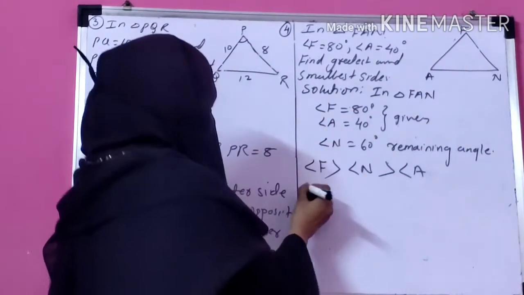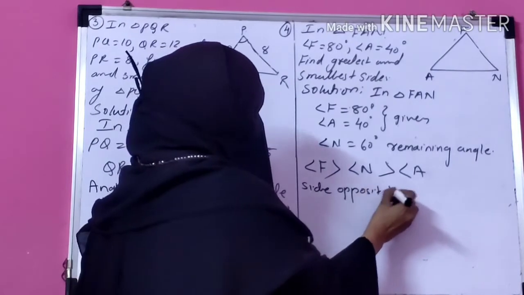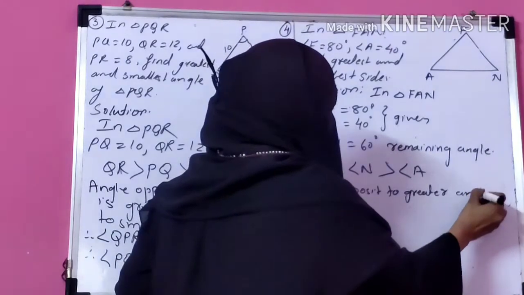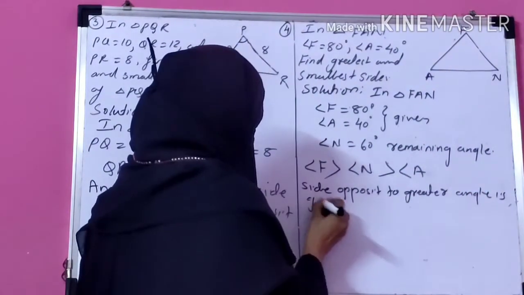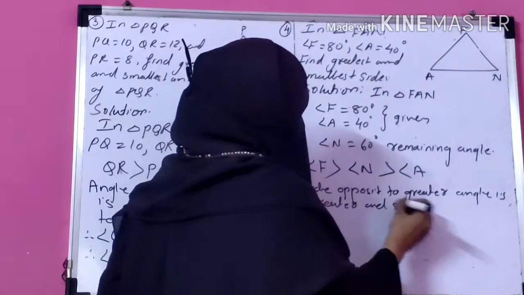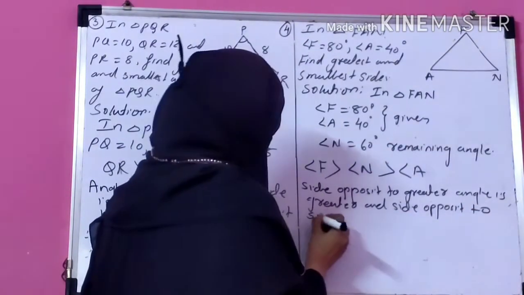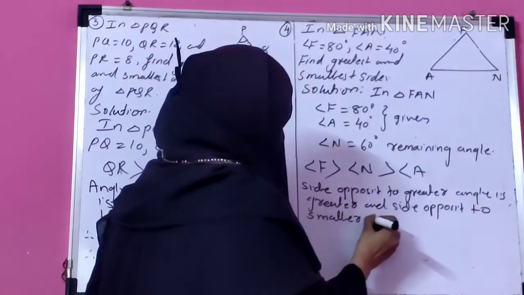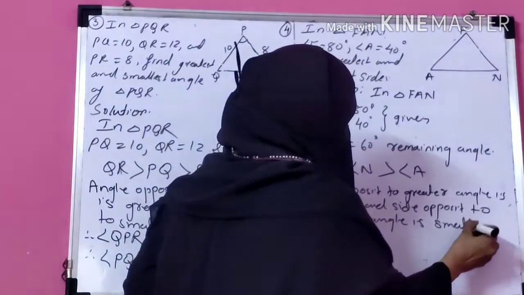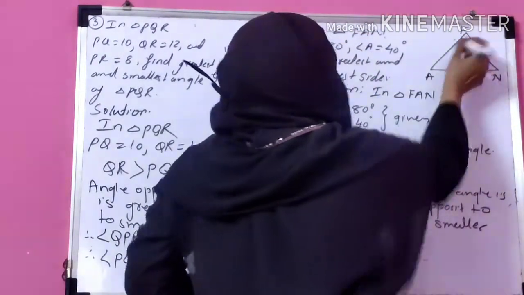So the side opposite to the greater angle is greater and the side opposite to the smaller angle is smaller. Here the greater angle is F.